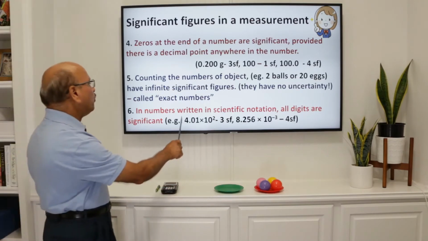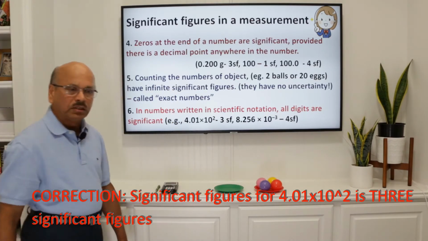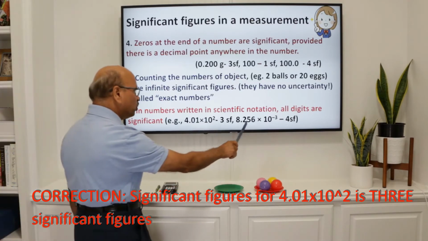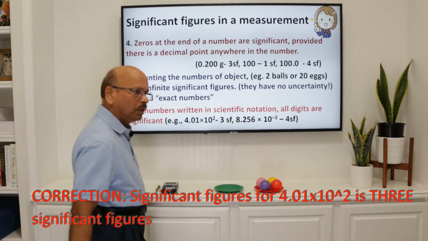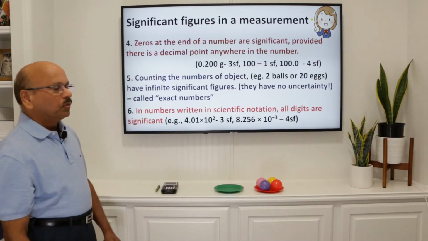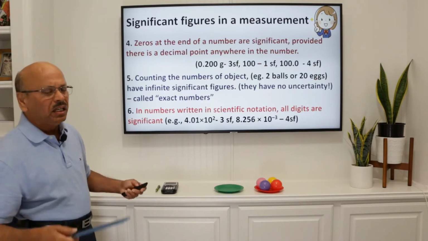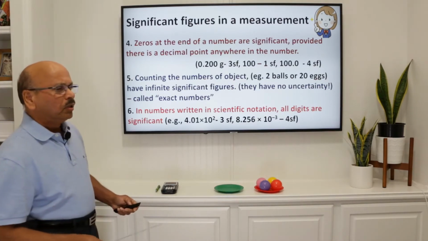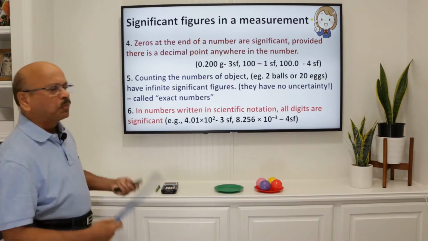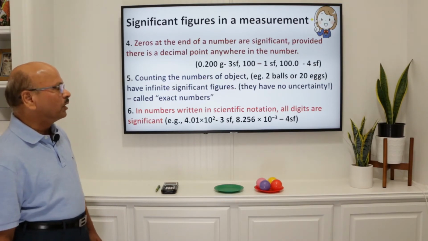For example, 4.01 × 10^2, we have 4 significant figures for that measurement. 8.256 × 10^-3, again in the first part we have 4 significant figures. So it's pretty easy. If you have any difficulty with a number, always try to write it in exponential form, which is a better way of representing significant figures.